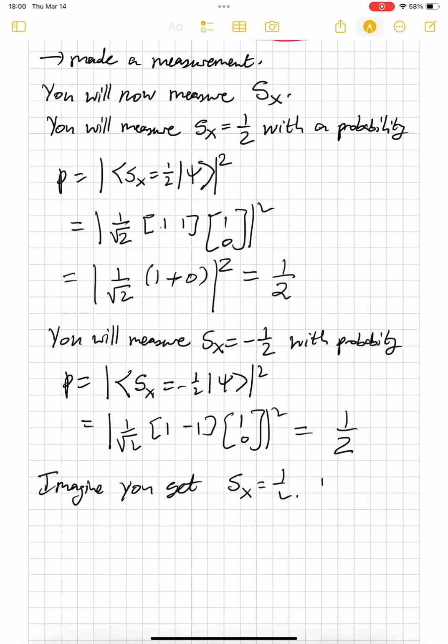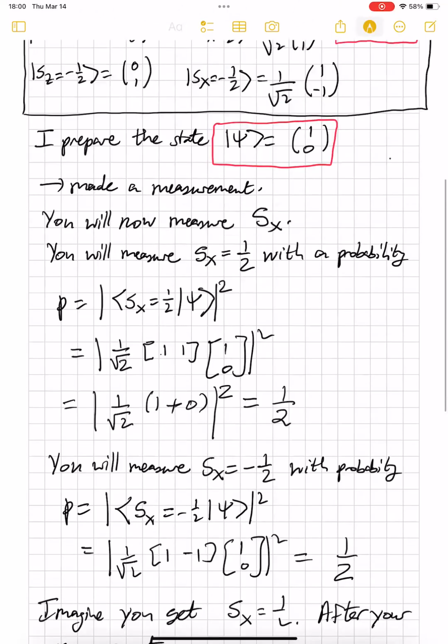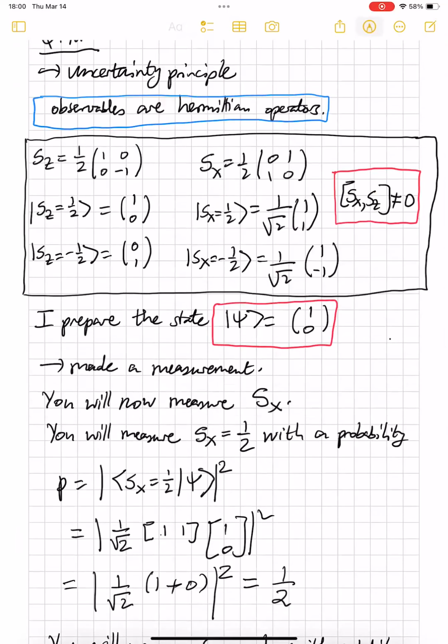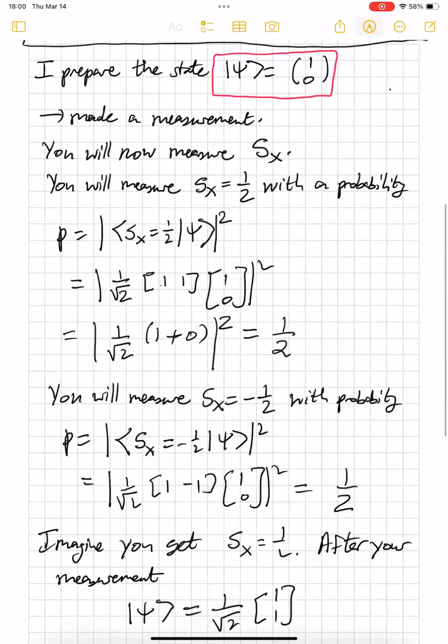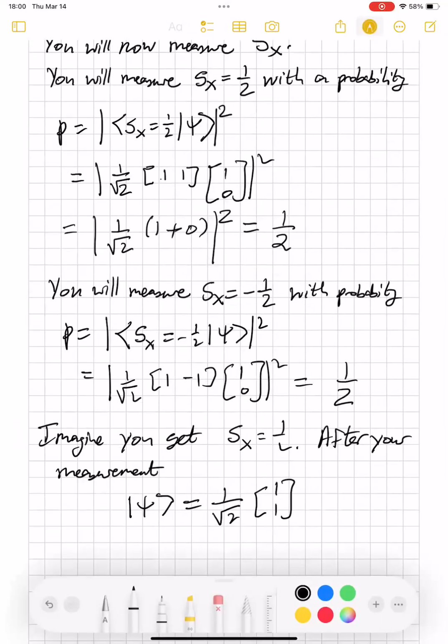After your measurement, well, now the state of the system has changed. Psi is now equal to 1 over the square root of 2, (1, 1), because it's in the state which has Sx equal to 1/2. So now, after your measurement, the state of the system has changed, and this is what it has become.